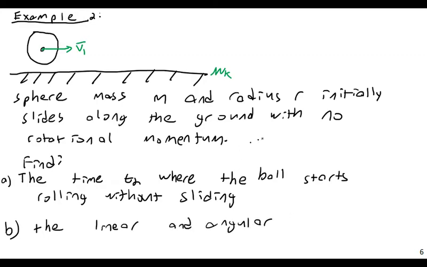And we're going to do this all in terms of the variables r, m, etc. So again, the linear and angular velocity of the sphere at time t2.